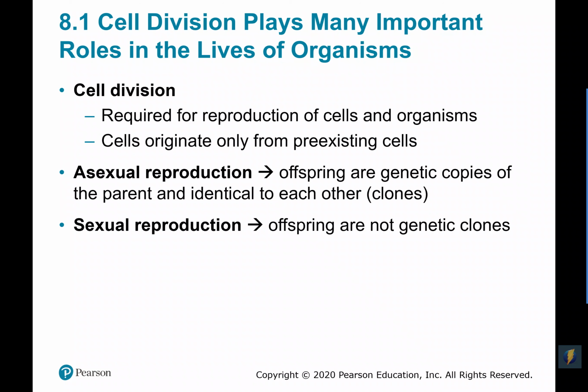Whereas sexual reproduction results in offspring that are not genetically identical to the parent or to each other. There's a great variety in terms of what the offspring of sexual reproduction look like. So let's take a look at a couple of examples.